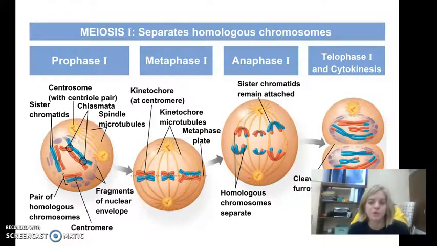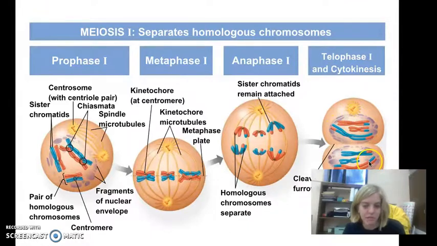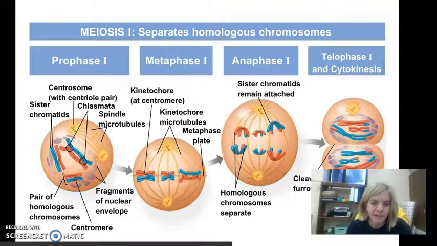So you get 2 new nuclei, each of which contains one of the pairs. Over here you notice we had a blue and a red, and we had 3 different pairs, so a total of 6 chromosomes. Now we have different ratios, but we have 3 chromosomes in each of the nuclei.